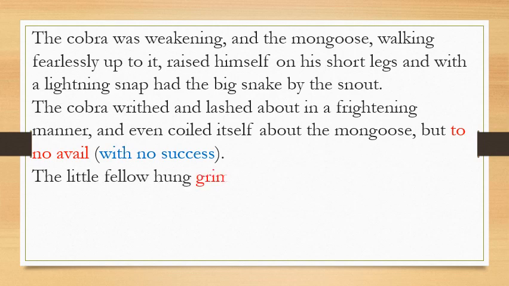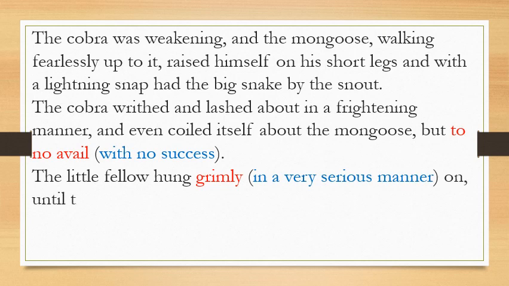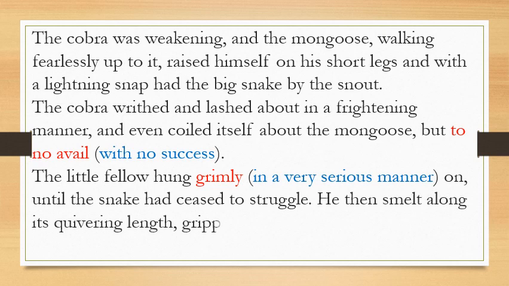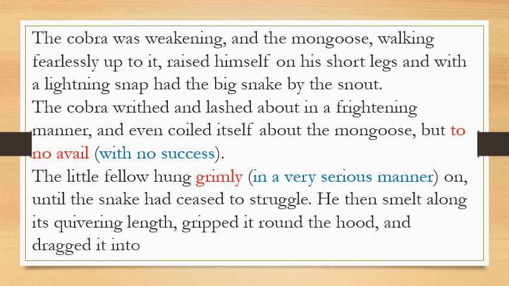The little fellow hung grimly, means in a very serious manner, on until the snake had ceased to struggle. He then smelt along its quivering length, gripped it round the hood and dragged it into the bushes.